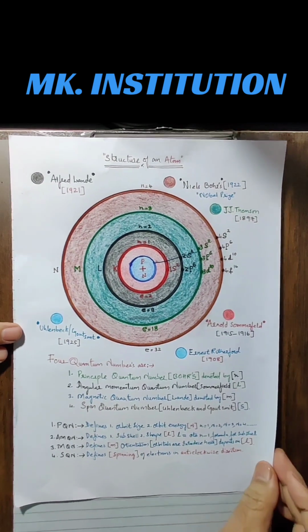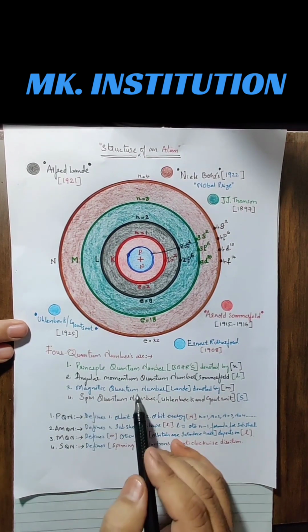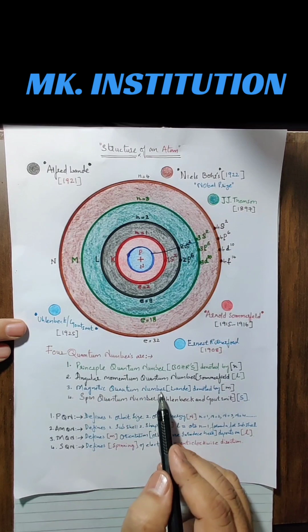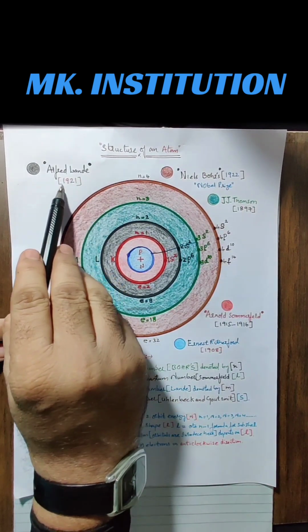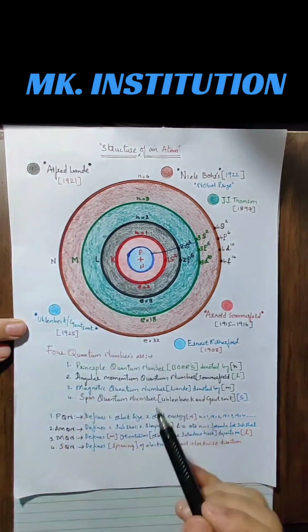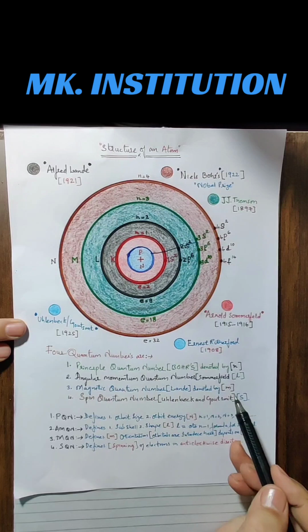The next one is the magnetic quantum number, explained by Alfred Landé in 1921, and denoted by the small letter m.